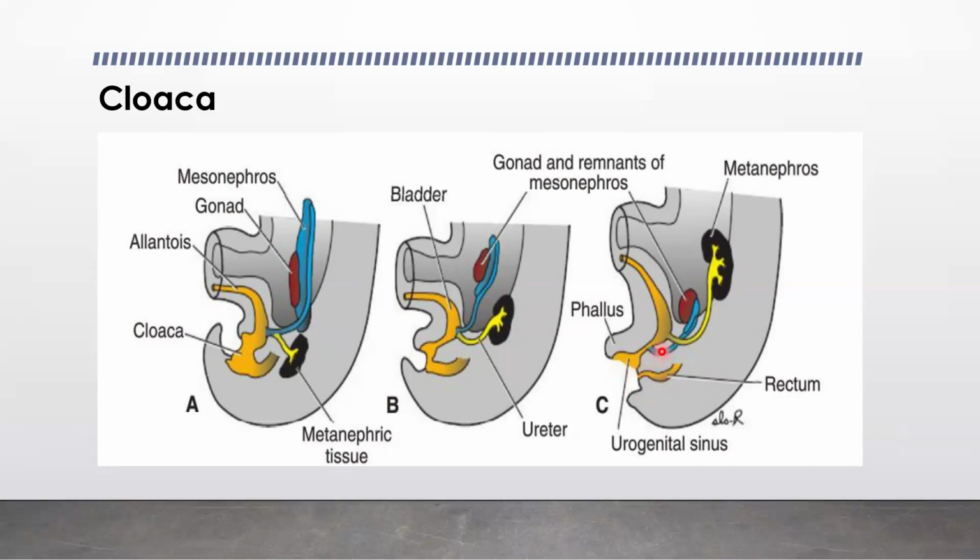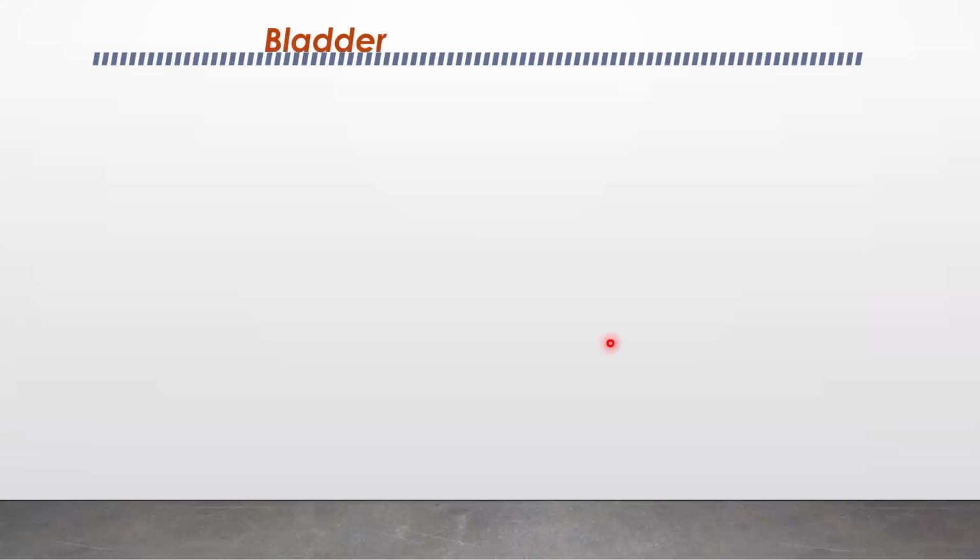So our mesonephric ducts at this point will be opening now just below the developing bladder, and that is important. Then you can appreciate the anterior aspect in males will be giving us the phallus, and this phallus is the one that is going to give us the penile urethra, and the clitoris in females in the reproductive system.